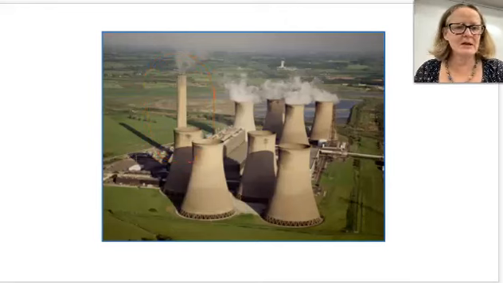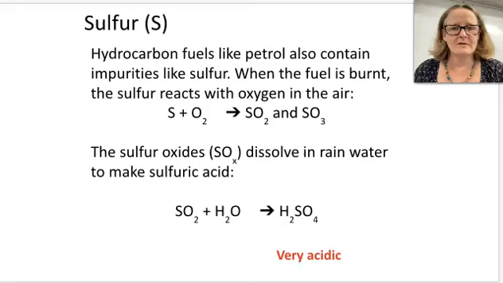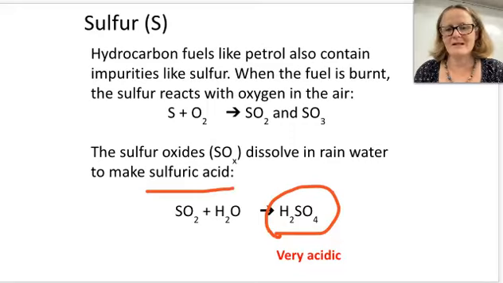These gases include sulfur dioxide and sulfur trioxide. They dissolve in water to make this substance here, called sulfuric acid, which is very acidic. This comes from an impurity found in coal and also in petrol.